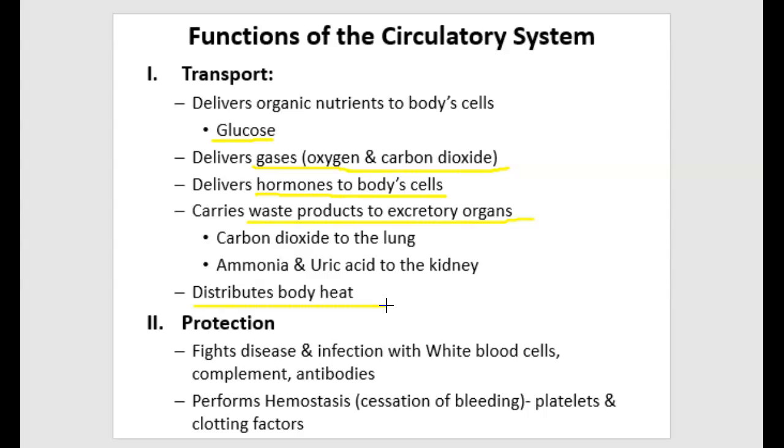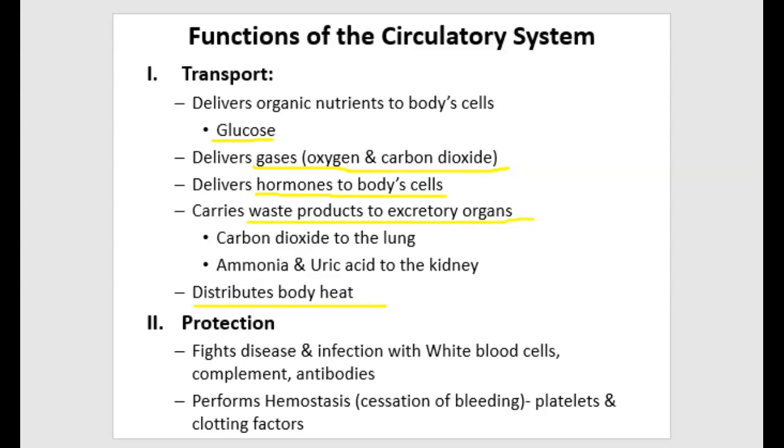Like if there's damage to a blood vessel, the platelets and the clotting factors will help repair the damage as well as prevent blood from leaving through the damaged site. And they can also help with the repair process.